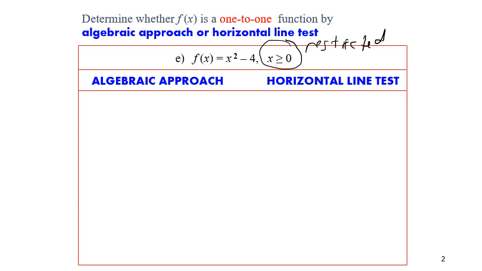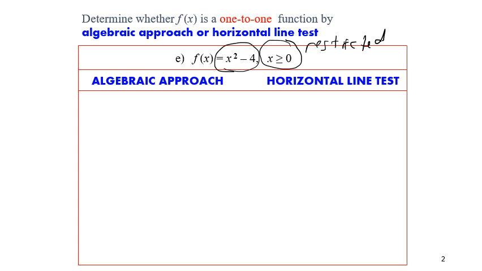And also, we notice that this is a quadratic. So remember from the previous video, for a quadratic function, in order to find the range specifically, you need to use completing the square and find the minimum point.